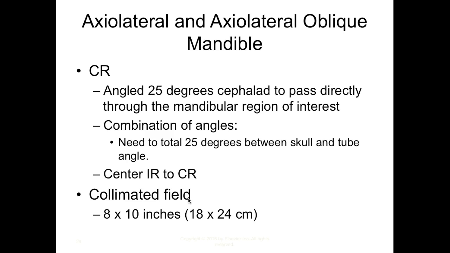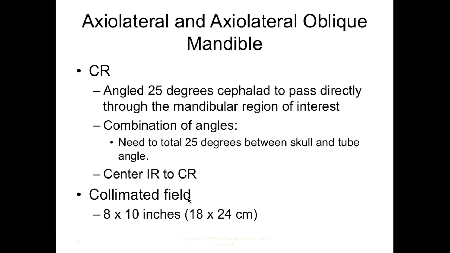So your CR, you're going to angle your CR 25 degrees cephalad to pass directly through the mandible region of interest. So you are going to take a combination of the angles. If the patient can't do a 25 degree angle, or the shoulder's in the way for you to do a 25 degree angle on your tube, you can do a combination of the angles.